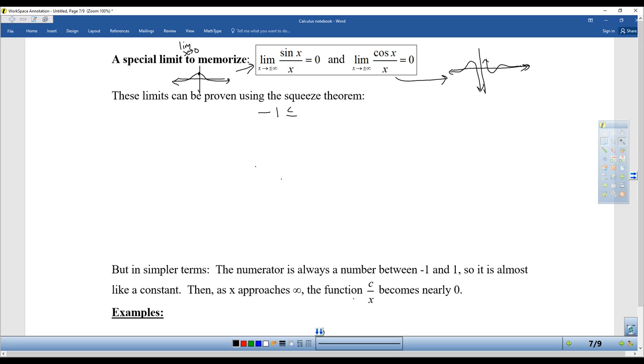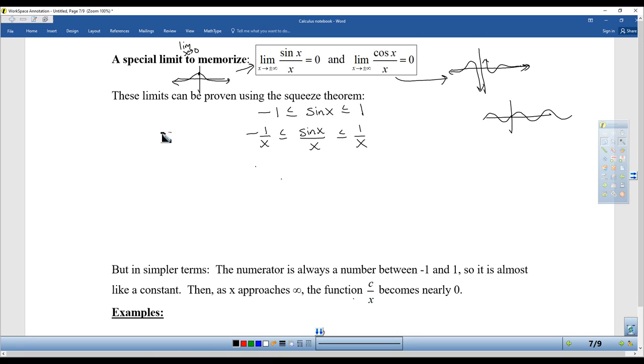So hopefully you would agree that sine is always a value between 1 and negative 1. Sine goes up to 1, down to negative 1, up to 1, down to negative 1. That's sine. So what I'm going to do is divide each part by x, because that will give me the equation I'm actually looking for, sine of x over x.